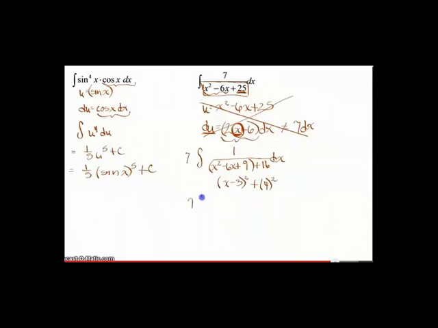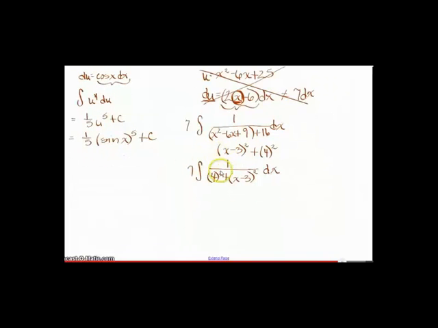So let's rewrite this one more time. That's 7 times the integral of 1 over, I'm going to write 4 here, and maybe you see what is happening. This is not as straightforward as our other u substitutions. We have to mess around with it a little bit and see what's going on. But do you see 1 over a squared plus u squared here?